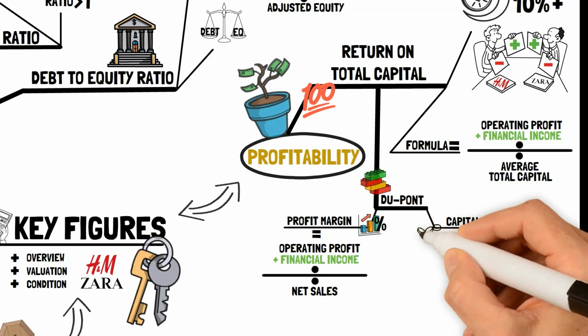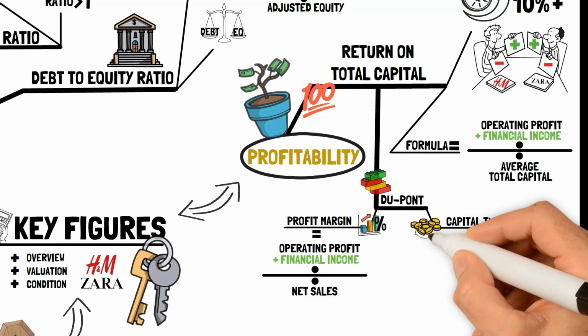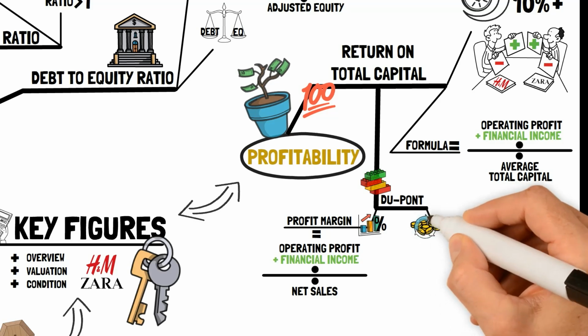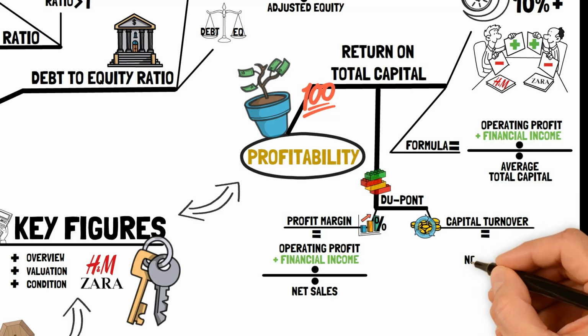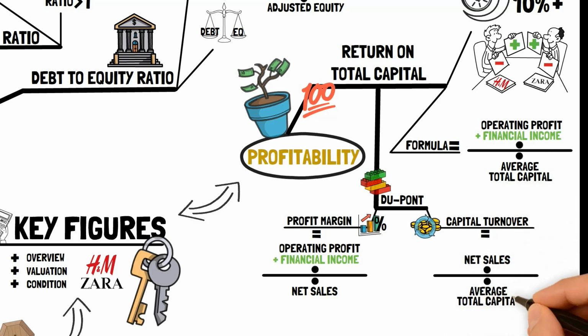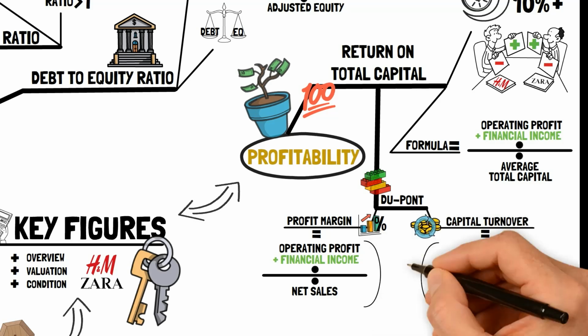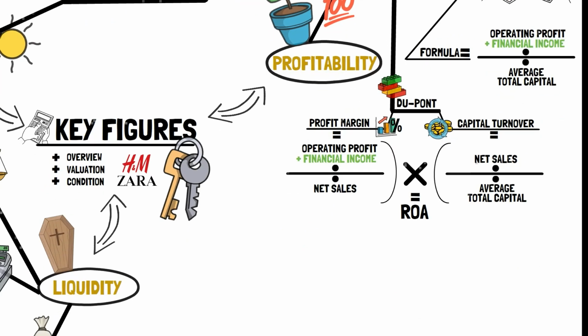Capital turnover. The rate of capital turnover shows how long capital is tied up in the business and how efficiently it is used. It's equal to net sales divided by average total capital. Together, they add up to the return on capital, ROA.